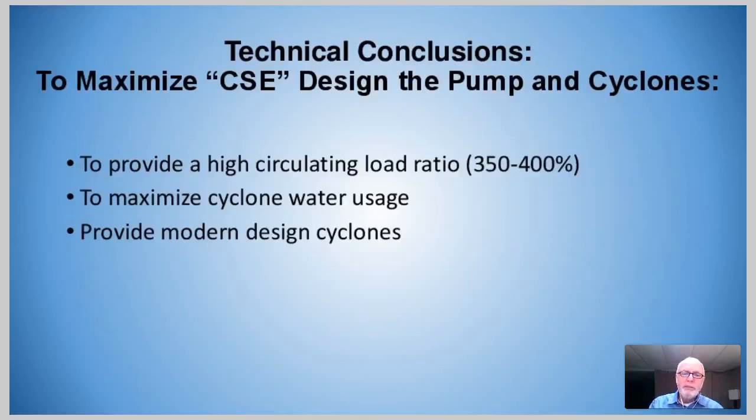That means minimizing the bypass of water and fines to the underflow. And thirdly, we want to provide ourselves with the use of modern design cyclones, get better overall sharpness of separation, and be able to handle higher circulating loads and improved water balance with the same pumping equipment.